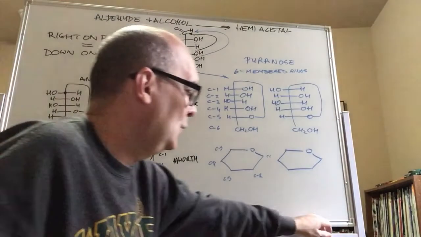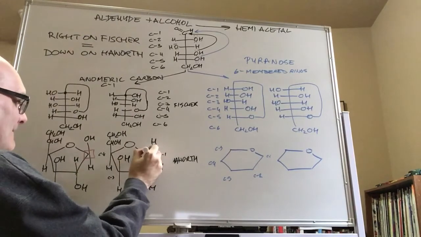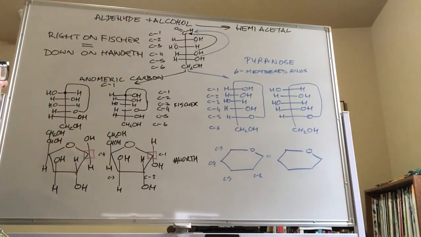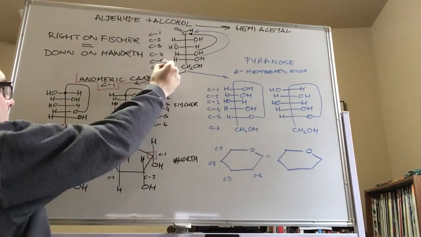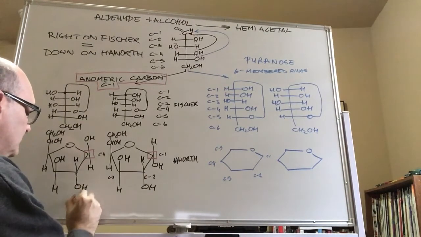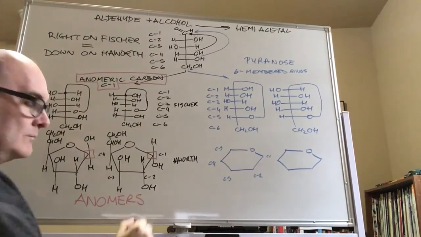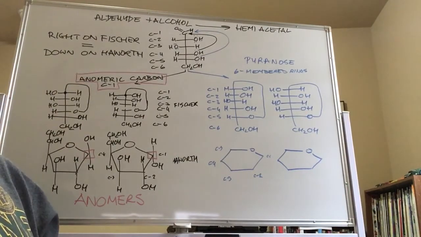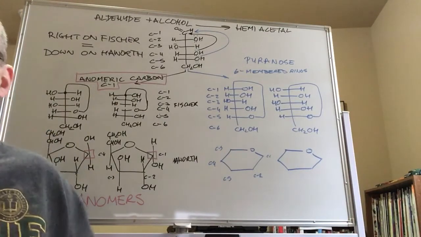So these two molecules differ only at carbon number 1. And carbon number 1 is the carbon that is bonded to oxygen 2 times. These two molecules differ in shape at the anomeric carbon.